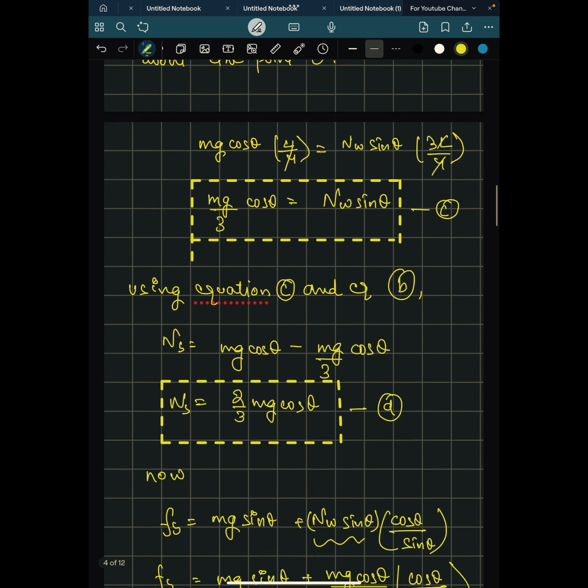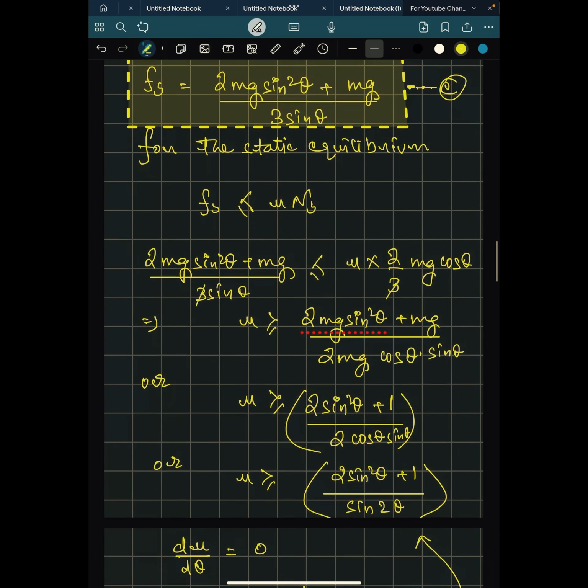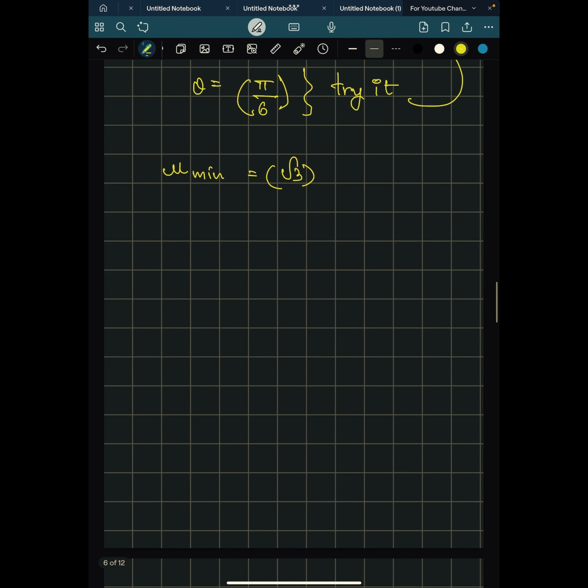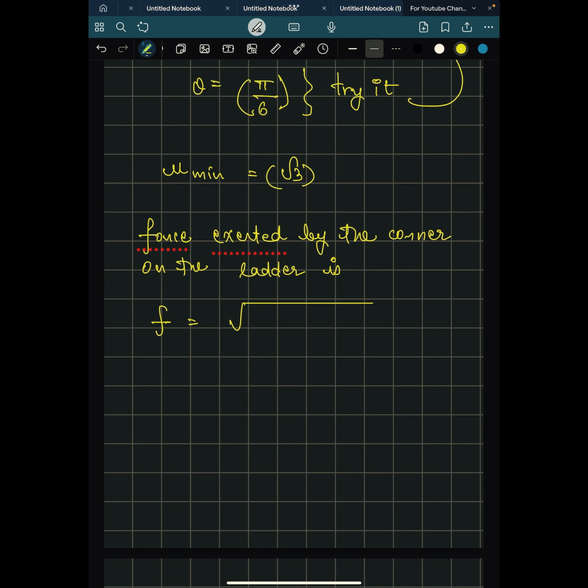So now the force exerted by the corner on the ladder is the resultant of Ns square plus Fs square.